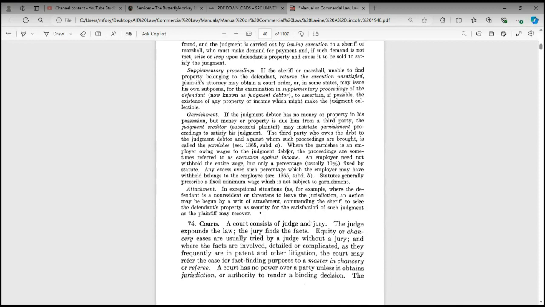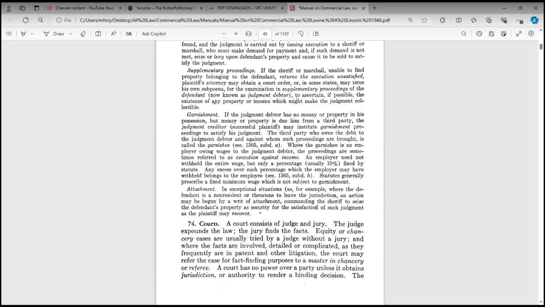Supplementary proceedings. If the sheriff or marshal, unable to find property belonging to the defendant, returns the execution unsatisfied, plaintiff's attorney may obtain a court order or, in some states, may issue his own subpoena for the examination in supplementary proceedings of the defendant, now known as judgment debtor, to ascertain, if possible, the existence of any property or income which might make the judgment collectible.